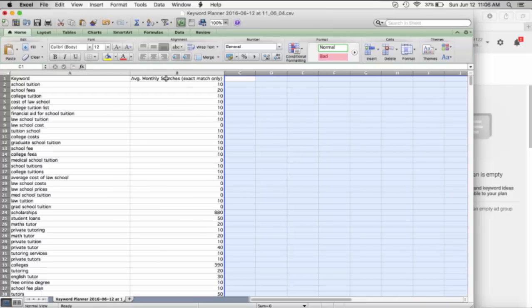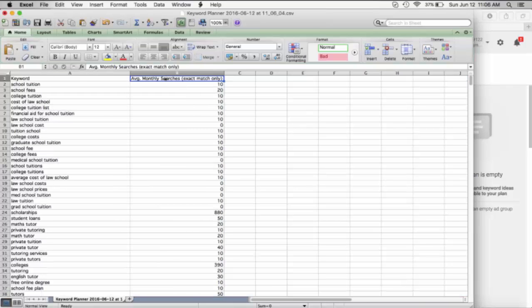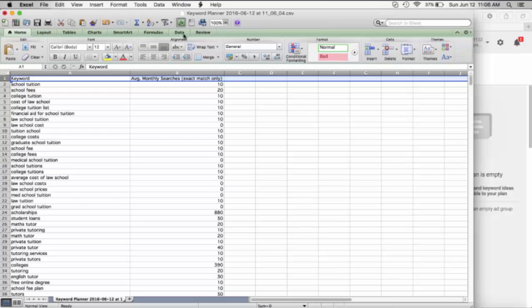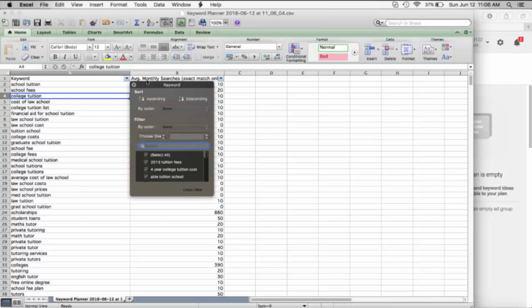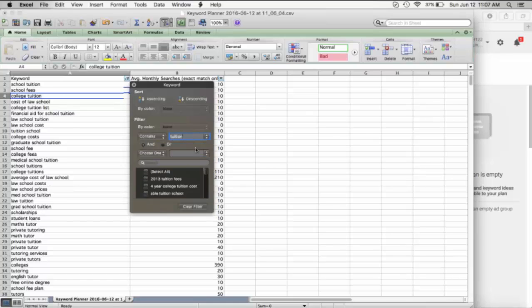So right now I have keywords and average monthly searches in Hyderabad. I'm applying a filter because there are many junk keywords out of these 800. Now I'm looking for relevant keywords which I could consider. I'll have to choose the ones which contain tuition. All right.